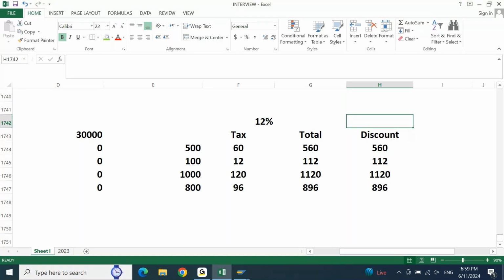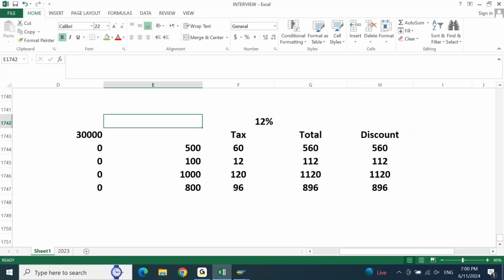What is the discount percentage? 10% we assume. I mean 12 plus 10. What is the discount percent? Discount percentage, I'm asking. Your product value is always assumed as 100%.